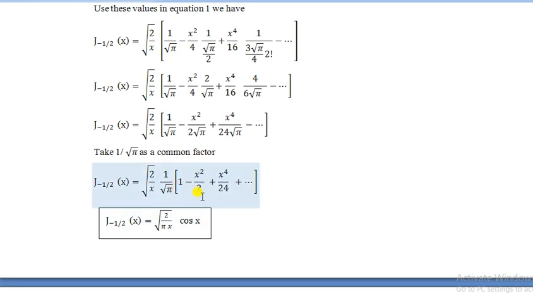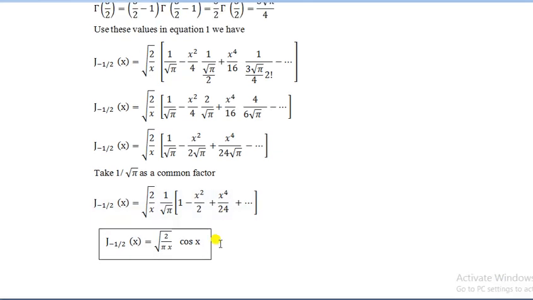So 1 minus x square by 2 plus x raised to 4 by 24 is cos x. So which gives the J minus 1 by 2 of x value. So these are the two important problems here, J plus 1 by 2 and J minus 1 by 2 of x values by using Bessel's function.